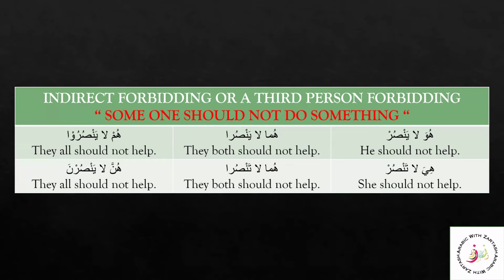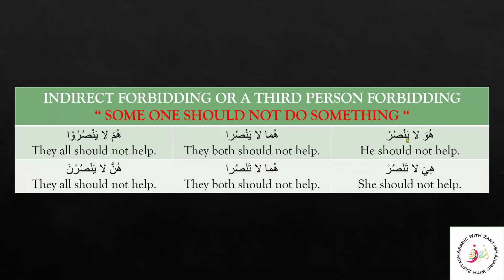Here, huwa la yansur, he should not help. Anta la tansur, you don't help. Huwa la yansur, he should not help. Huma la yansura, they both should not help. Hum la yansuru, they all should not help. Hiya la tansur, she should not help. Huma la tansura, they both should not help. Hunna la yansurna, they all should not help.